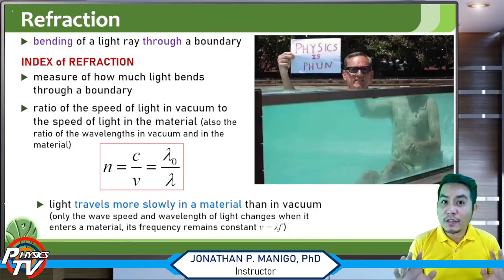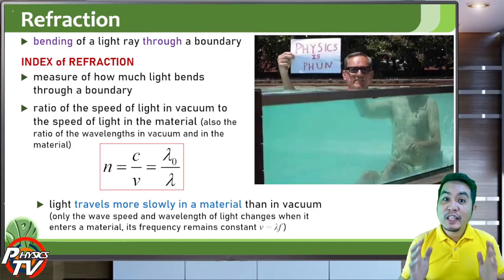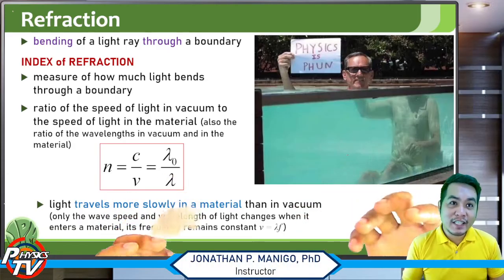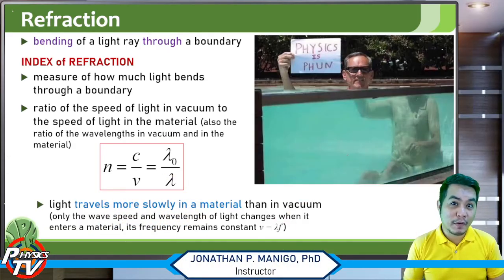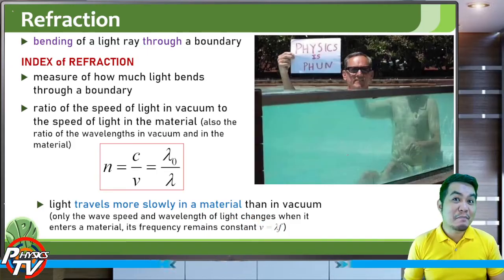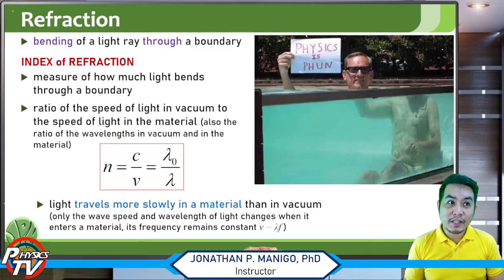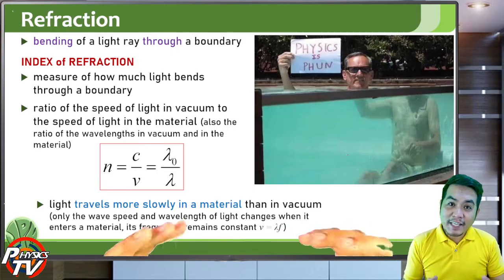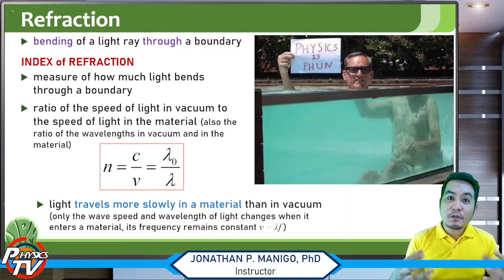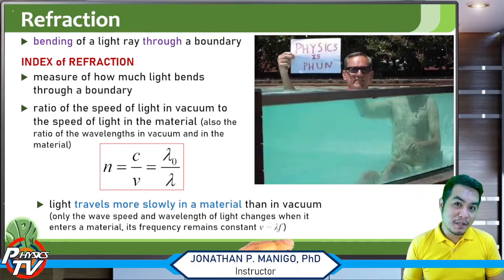Now, in contrast to sound, sound needs a medium. Sound needs a solid, a liquid, or a gas in order to travel or propagate. But light is different. It's a non-mechanical wave. It doesn't need a medium to travel. It can actually travel in empty space, in vacuum. And if there is a medium, a solid, a liquid, or a gas, it actually makes it travel slower.